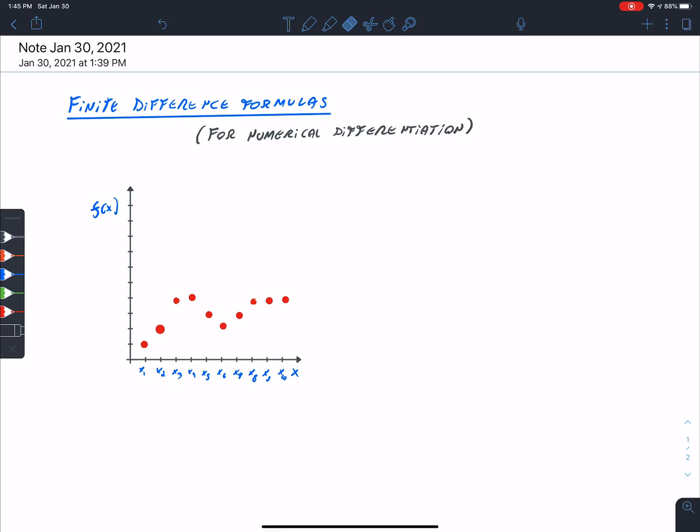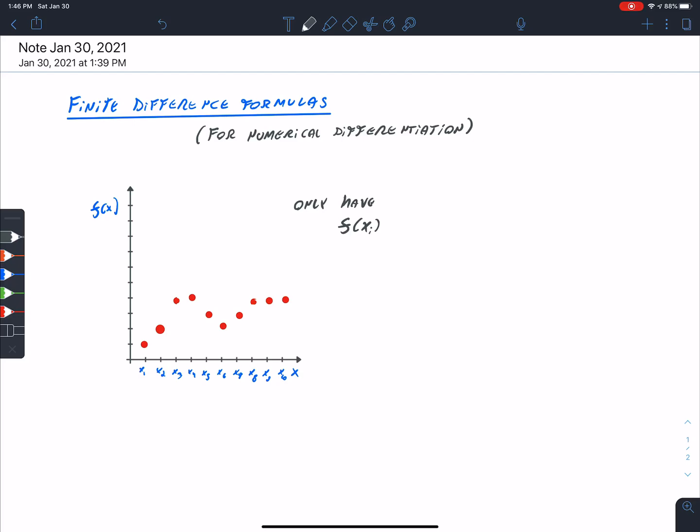So imagine there is a function that is underlying all these points here, but we don't have access to that. Rather, we only have certain values of the function evaluated at some xi's, right?